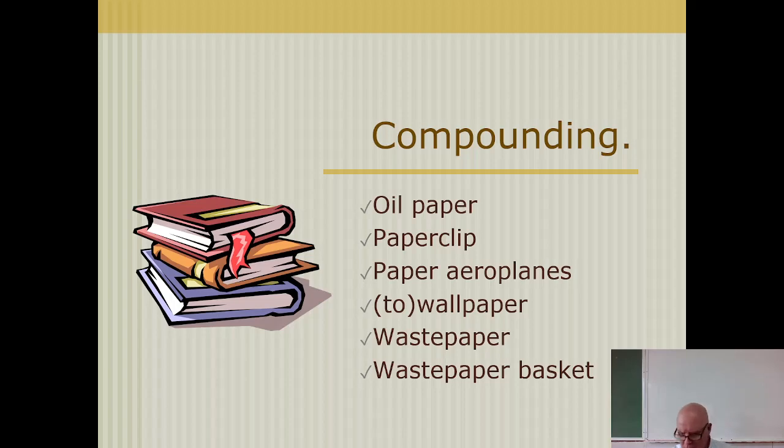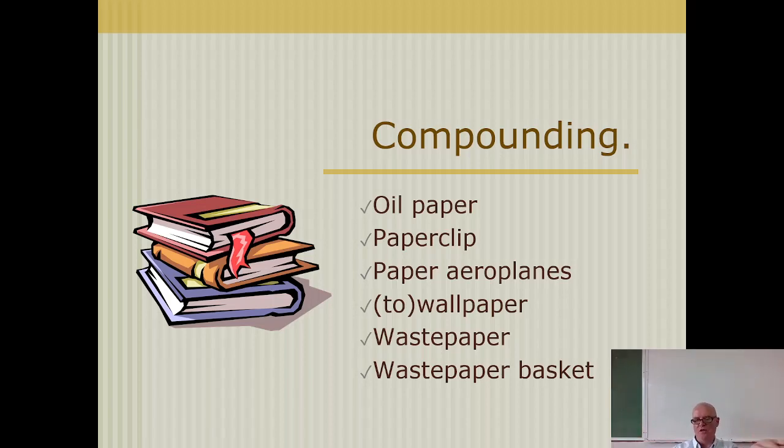Compounding. We compound things together, right? Compound means you put one thing on top of another. Yeah? Oil paper, paper clip, paper aeroplanes, wallpaper. See? So those are two words put together.